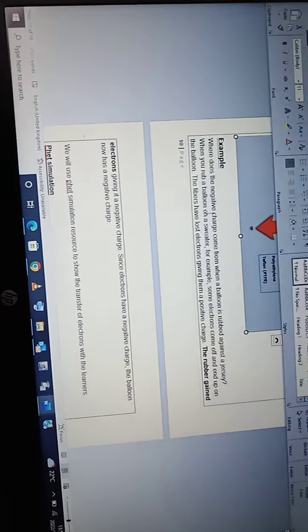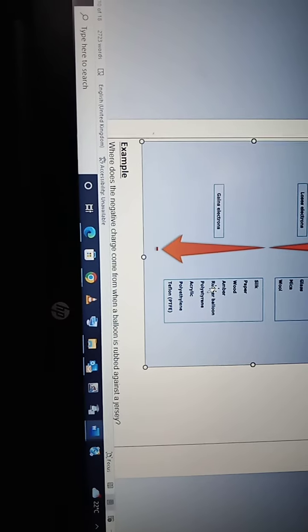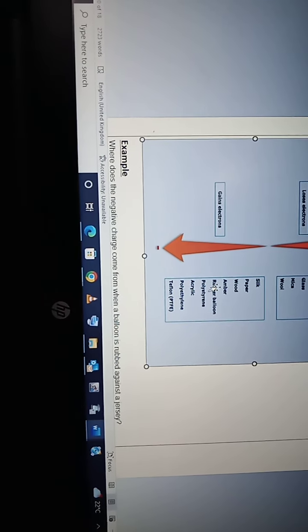This is an example. Where does the negative charge come from when a balloon is rubbed against a jersey? The negative charge comes from the jersey. The jersey is usually made of wool. If you rub a balloon on it, you see the balloon ranks under the negatively charged ones.